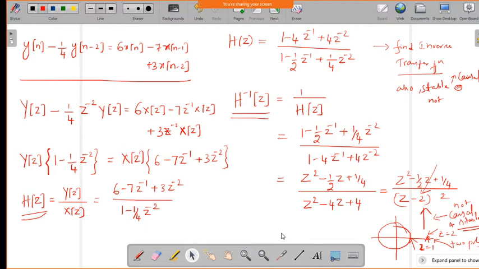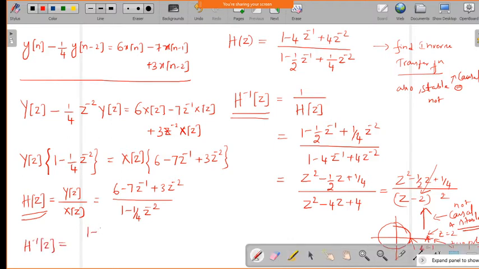H inverse of z is equal to 1 minus 1 by 4 z power minus 2, divided by 6 minus 7 z inverse plus 3 z power minus 2. Multiply and divide both numerator and denominator by z square. We will get z square minus 1 by 4, divided by 6 z square minus 7 z plus 3.